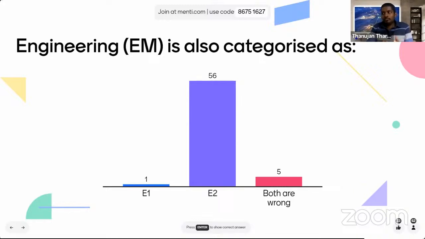So if someone tells you that this is an E2 degree or E1 degree, they are just outdated and still have the same misconception. We do not need to worry about that. In future, you will only use Engineering EM.